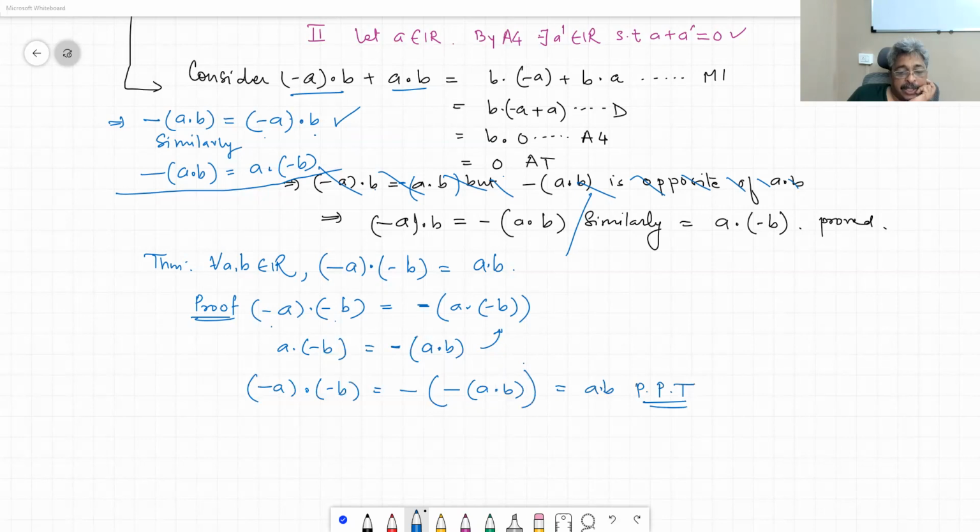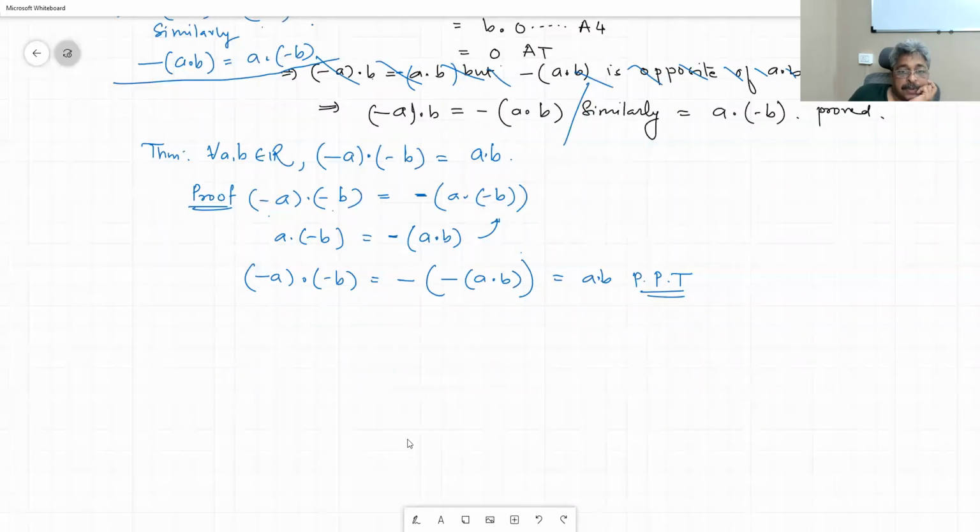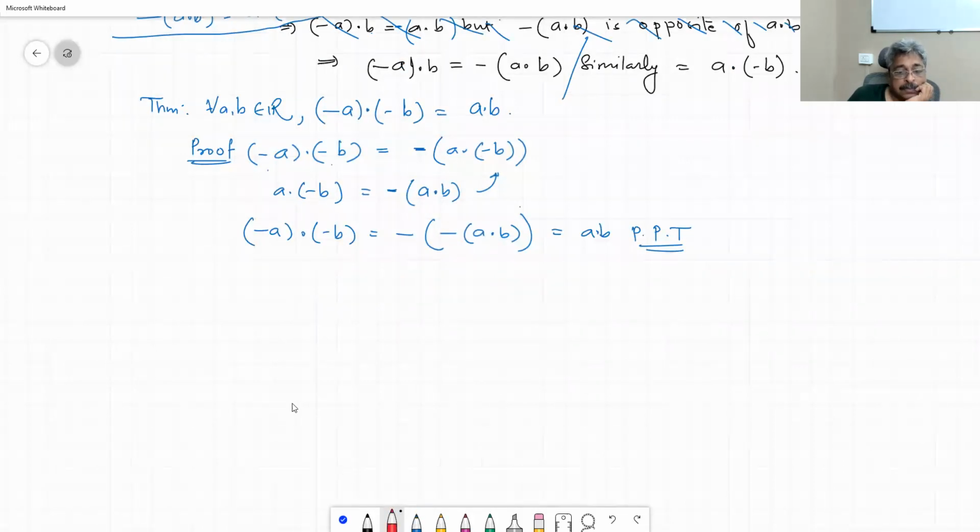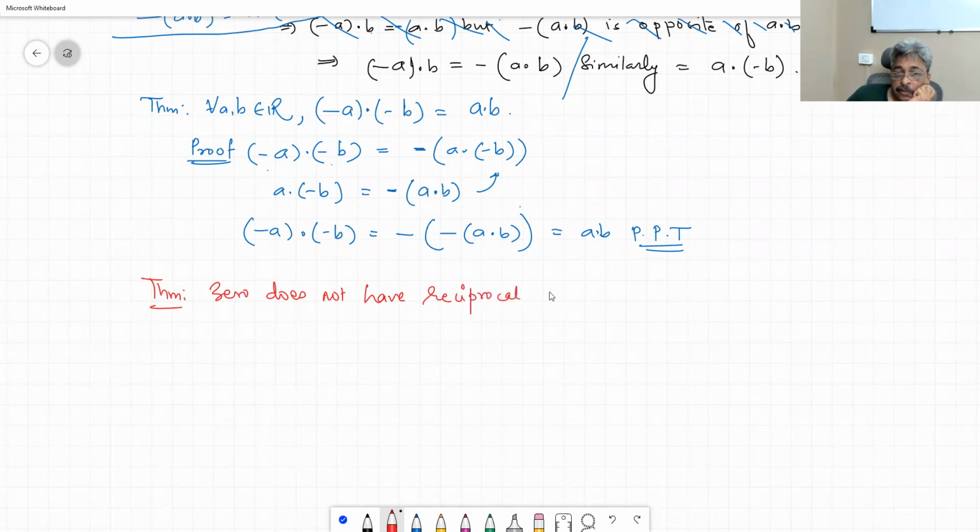Zero does not have a reciprocal in R. Proof: suppose it does. 0 raised to minus 1 is the reciprocal of 0.